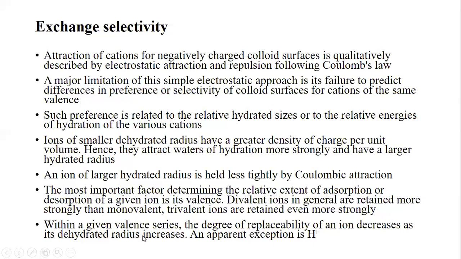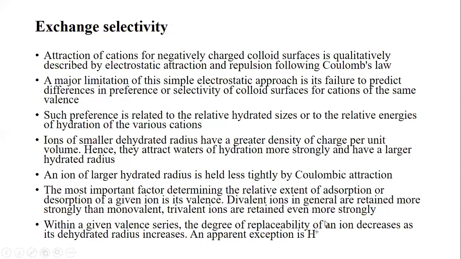Within a given valence series, the degree of replaceability of an ion decreases as its dehydrated radius increases. Remember, we already talked about the dehydrated radius. That means if it has a smaller dehydrated radius, remember, higher density, it will have a larger hydrated radius because it attracts more water molecules, and so its attraction will be less.